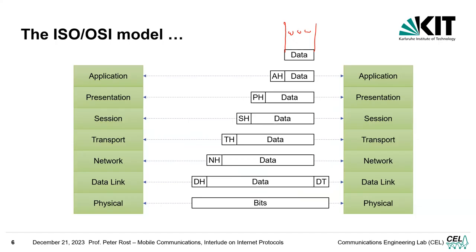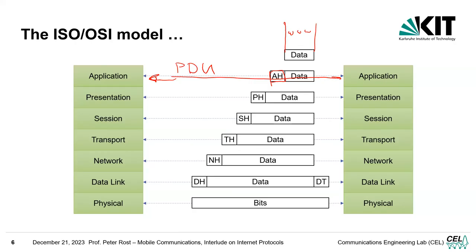And then the application layer adds its own header. That's this part here. And this data that you exchange here on the application layer is then typically called a PDU, so a packet data unit, that is exchanged on one layer.